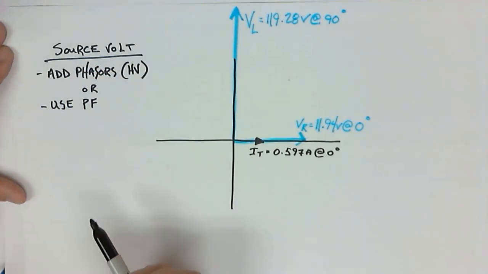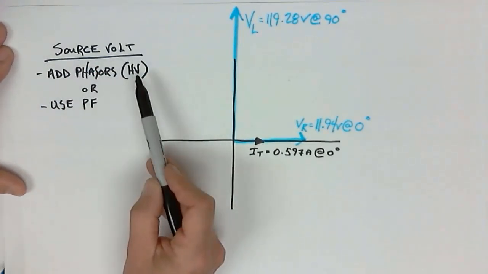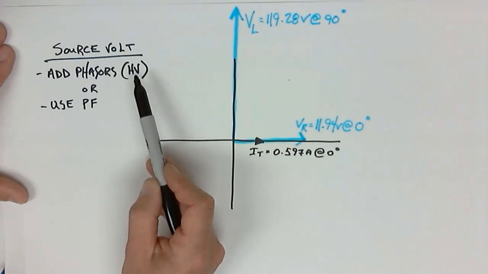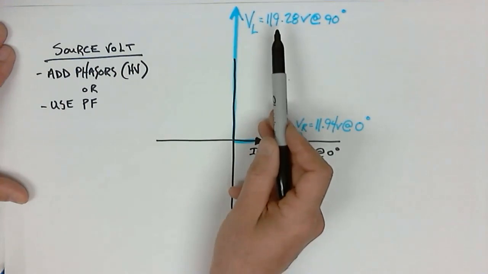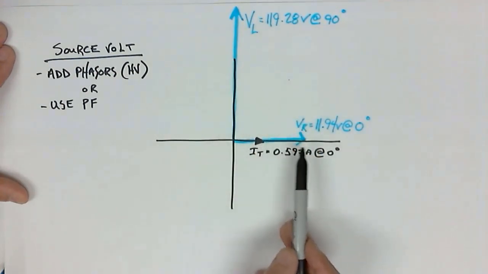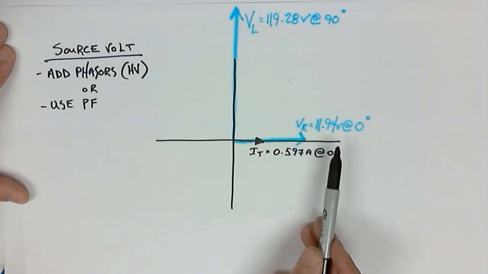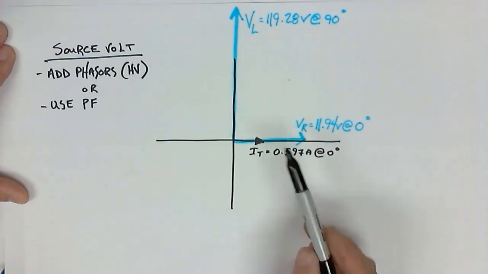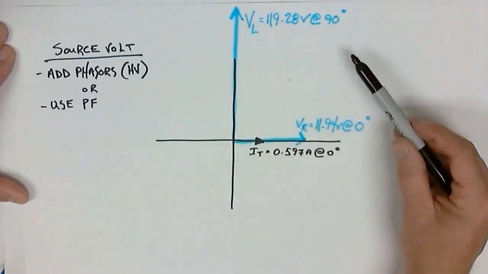Okay, well, we've already looked at how we add phasors together, and we know how HV tables work. You would take this phasor, work out the horizontal and the vertical component. You would then take this one, work out the horizontal and vertical component, and then you would add the verticals and the horizontals together and work out what the new vector was.